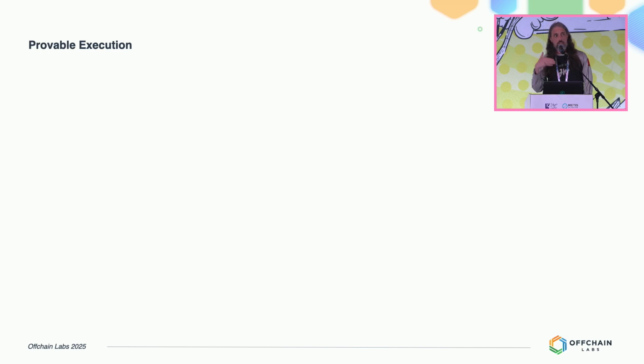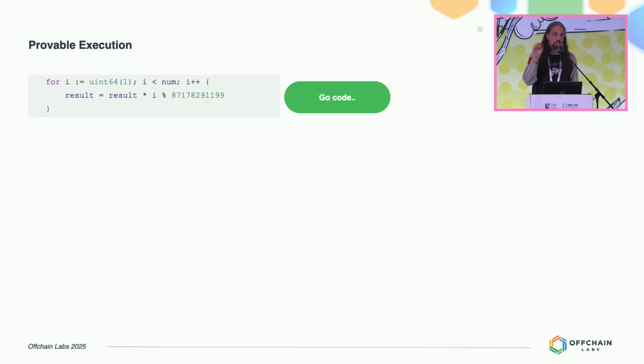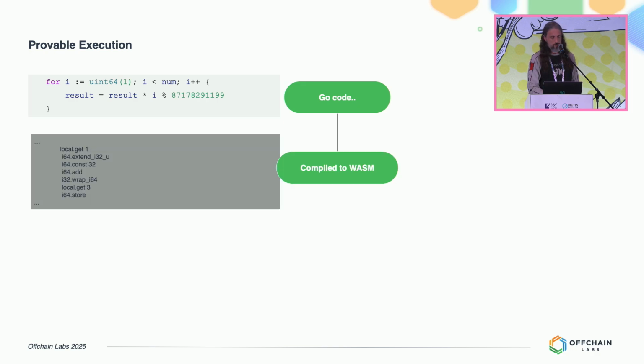What I do is a third approach, which is provable execution. So it will look like this. I will start with Go code. It is exactly the same, with some caveats, but basically exactly the same Go code that I used originally when I executed it on my laptop.